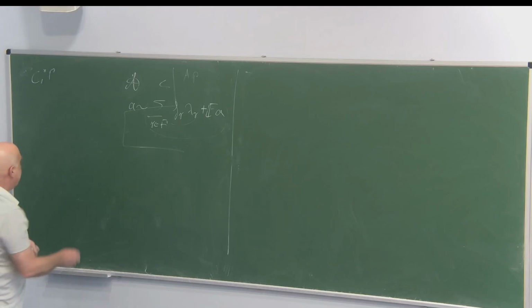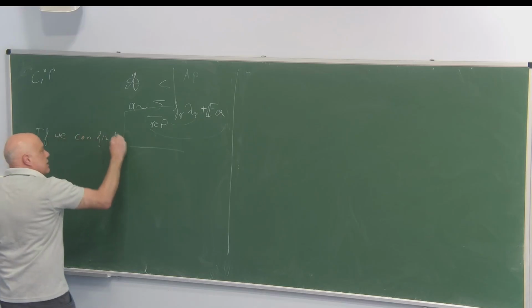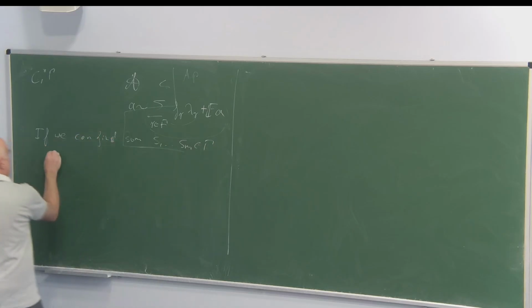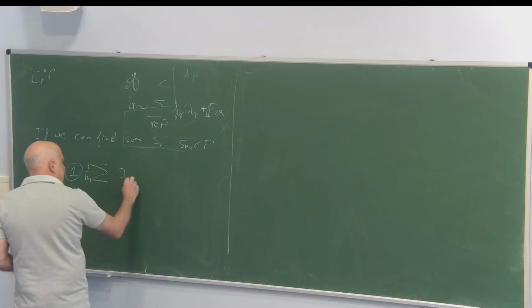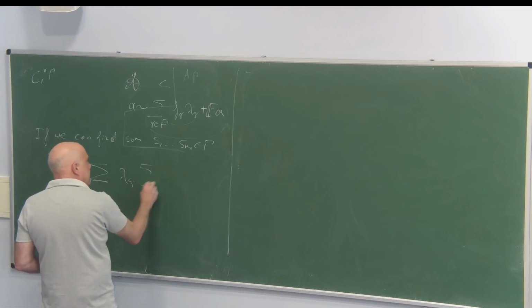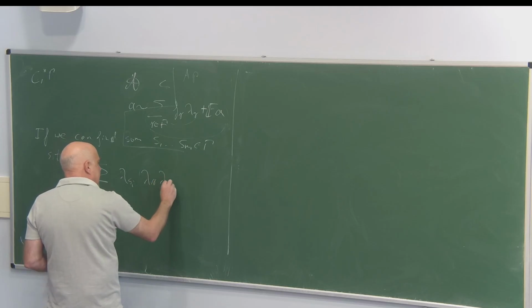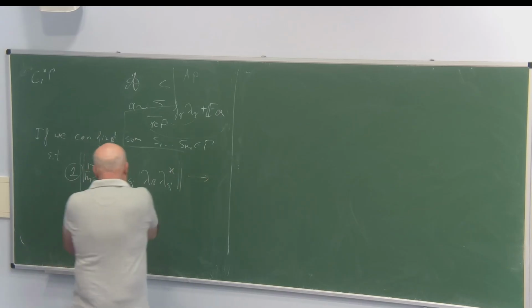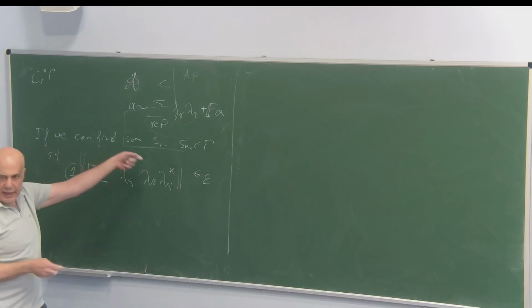So if we can find some s_1 up to s_m in the group such that (1/m) sum of lambda_{s_i} lambda_gamma lambda_{s_i}^* is less than epsilon, for a given epsilon.